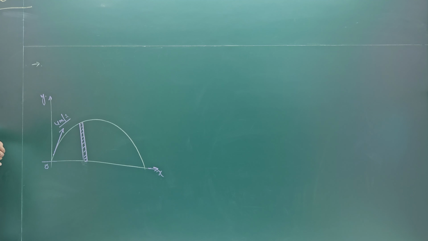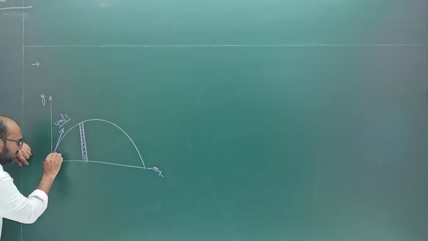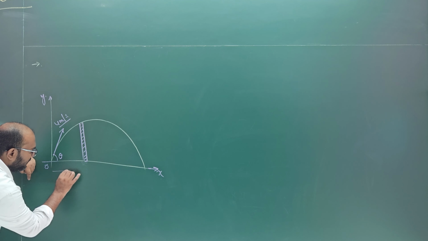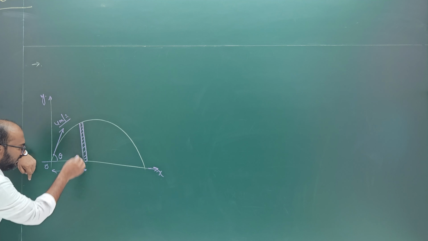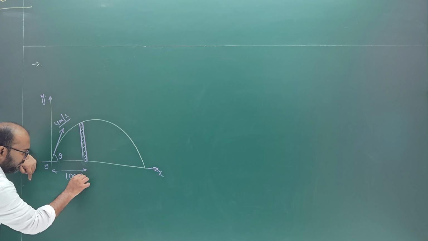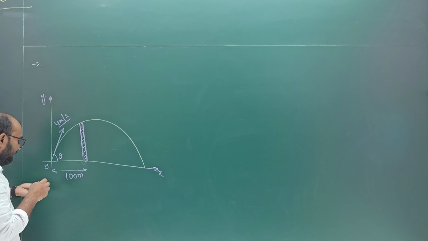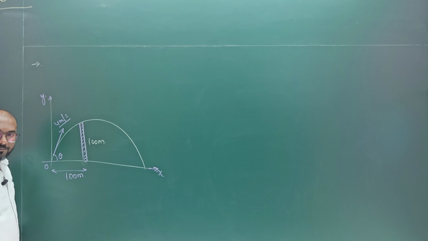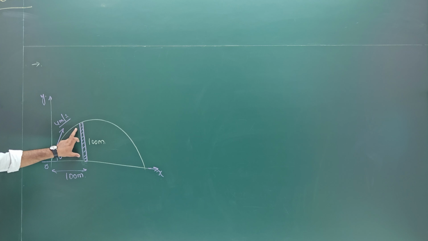Whatever the velocity is, they will ask you to find this theta. An object is being projected. Will it go in a straight line? No. And given that there is a building 100 meter away from the origin, and the height of the building is also 100 meters. So what is the height of the building? 100 meter. What is the distance of the building from the point of projection?